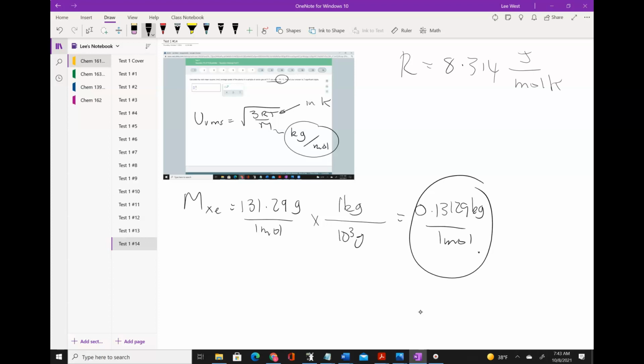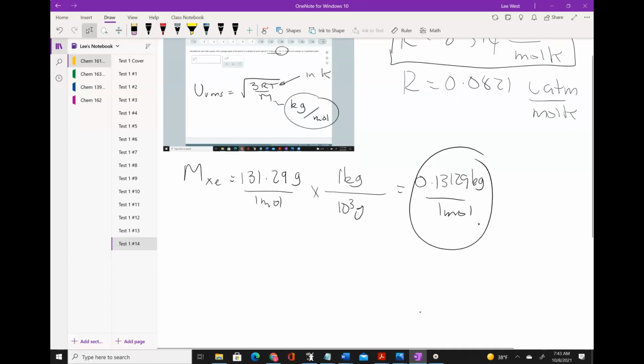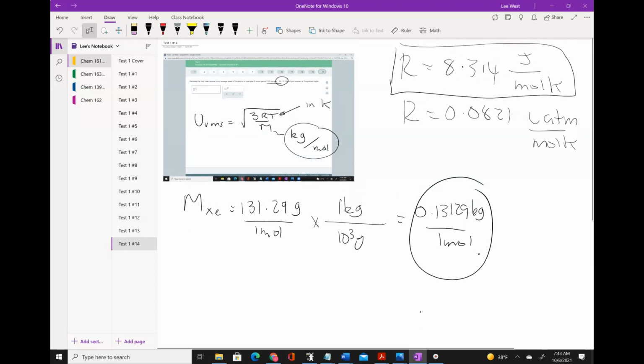We can write it as 8.314 joules per mole per degree Kelvin, or as 0.0821 liter atmospheres per mole per degree Kelvin. Whenever we're calculating an energy or a velocity, it's almost always the joules form, and when you apply the velocity formula, you want to use this value. Otherwise, you'll get wackadoo numbers.